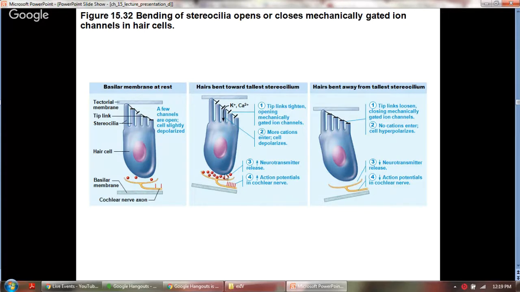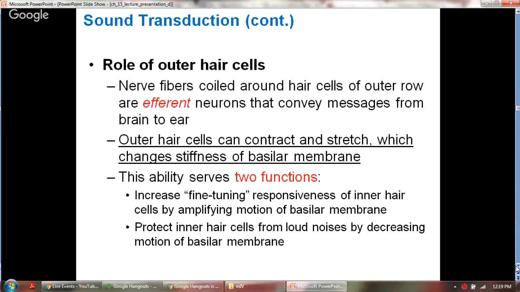The neurotransmitter is released, and then the action potential is generated at the cochlear nerve. Then at the resting state, the stereocilia move away from the tallest stereocilia. The tip links loosen, closing the channels, and then the nerve repolarizes and sometimes even hyperpolarizes. The action potential stops.